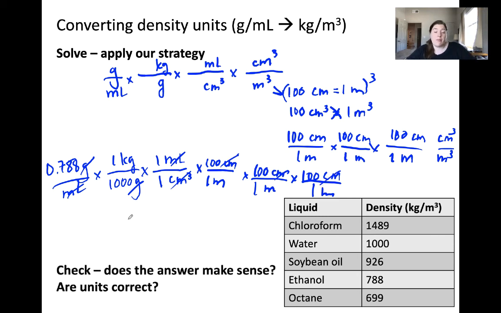Now, when we finally do our calculation, we'll get 788, and our units will be kilograms in the numerator, and meter times meter times meter, meter cubed in the denominator.